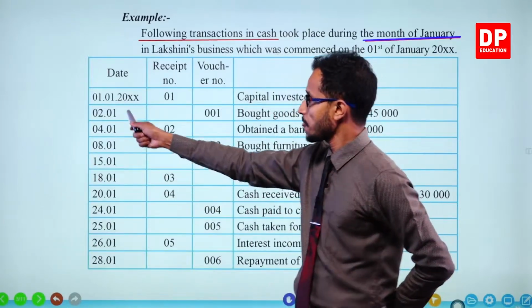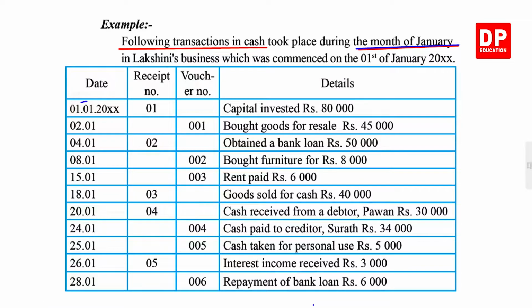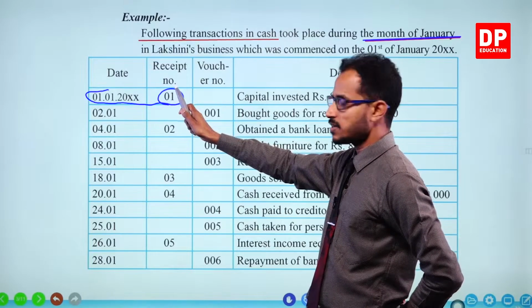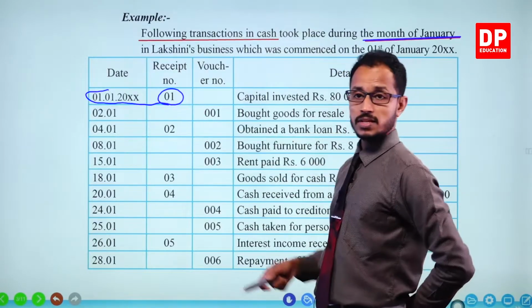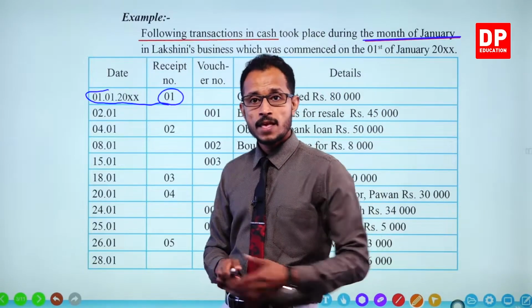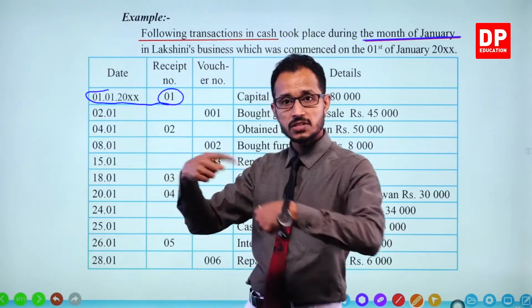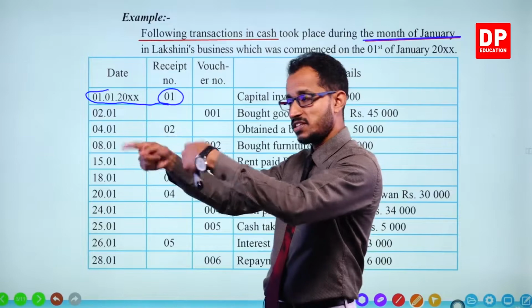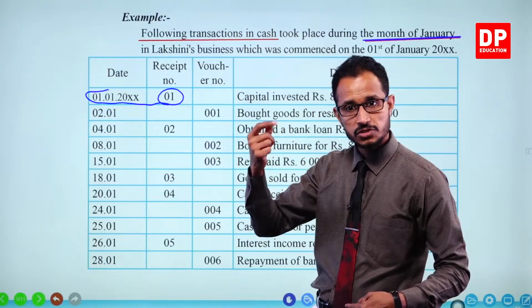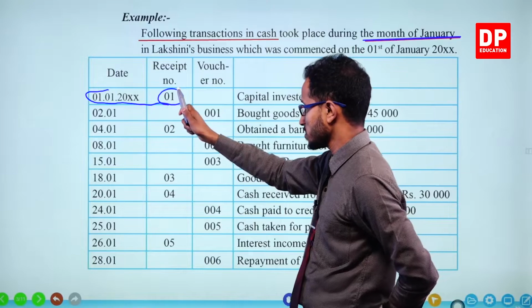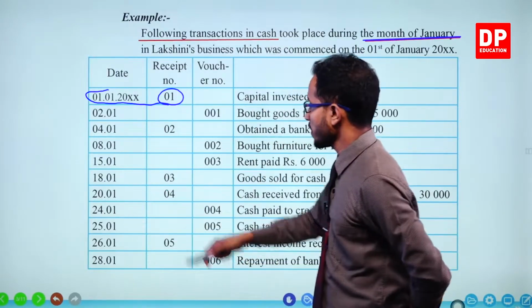From 1st January, receipt number 1, which means on 1st January we have received cash, and the receipt is number 1. That is the first transaction. First receiving of cash under the receipt number 1.